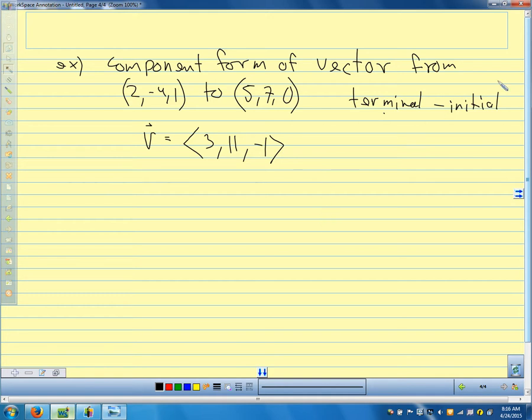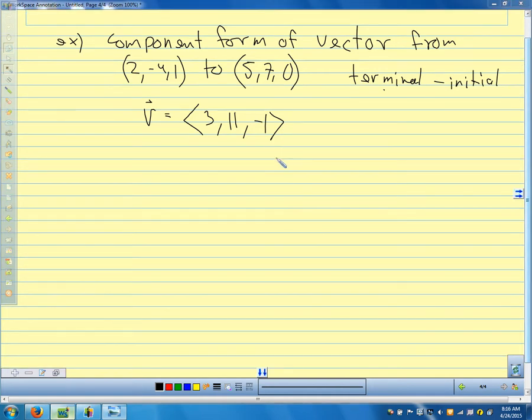All right, so we found our component form. Now let's find a unit vector in the same direction as this vector, vector v.